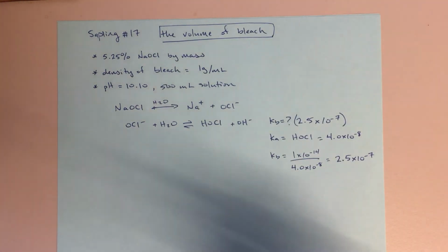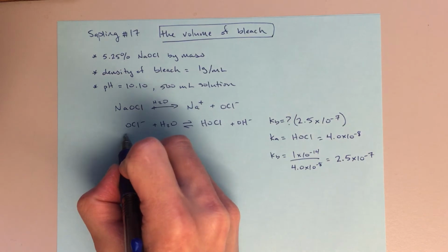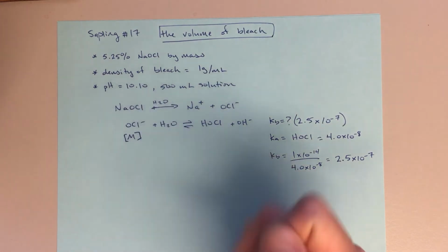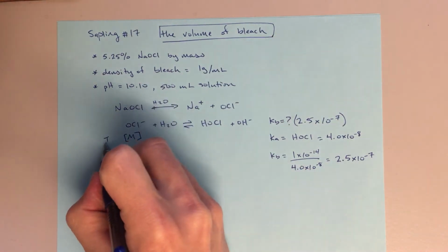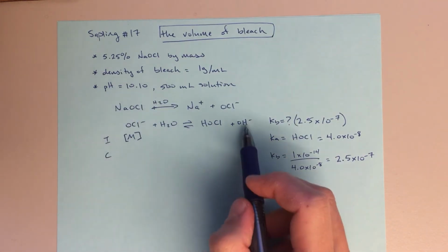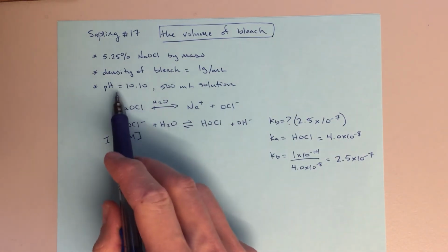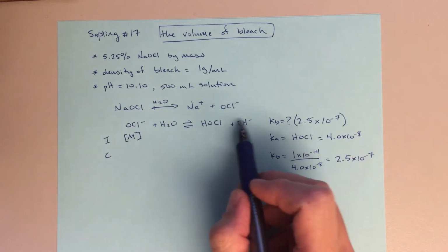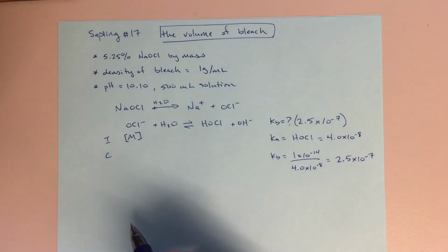Okay, so making some progress, that's good. I do not know what my initial concentration is, but I do know what my final concentration of OH- is, right? Because of this pH information, that allows me to solve for my final concentration of OH-.